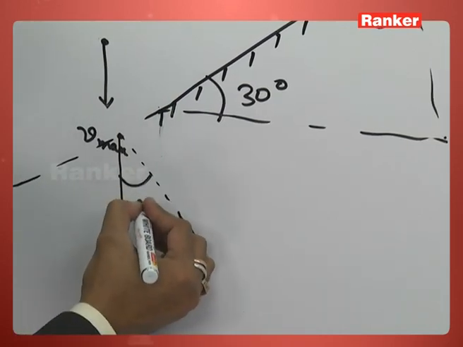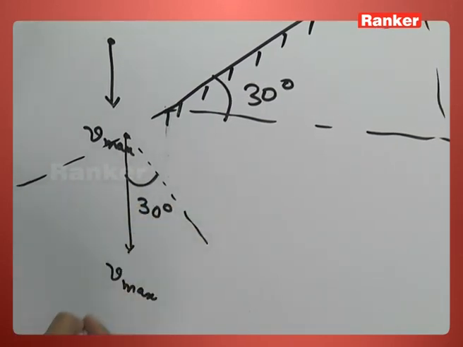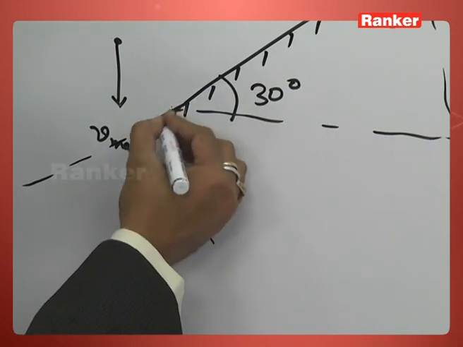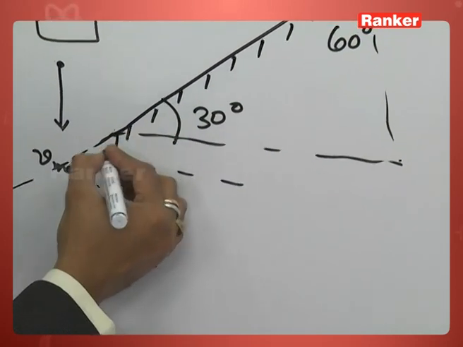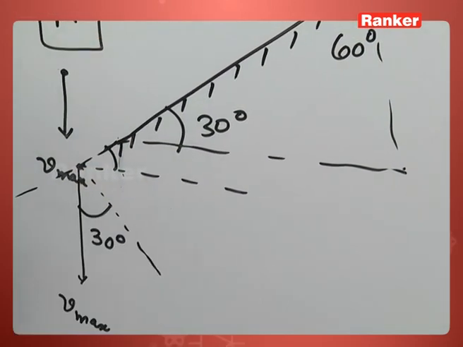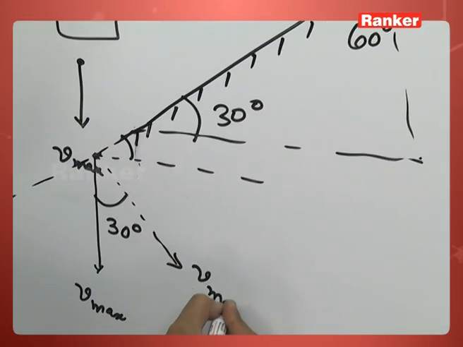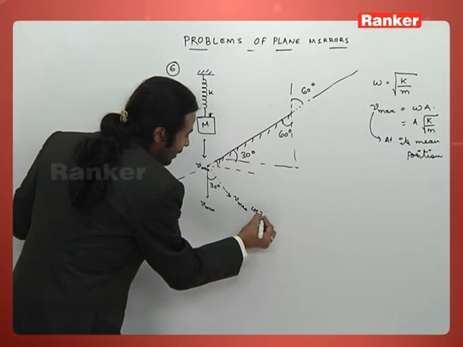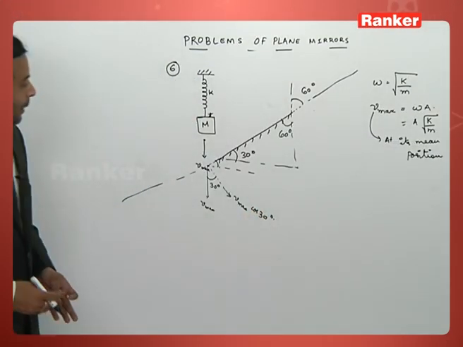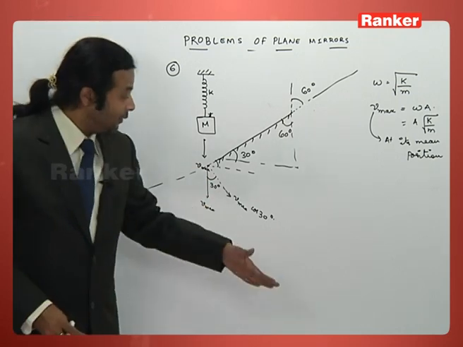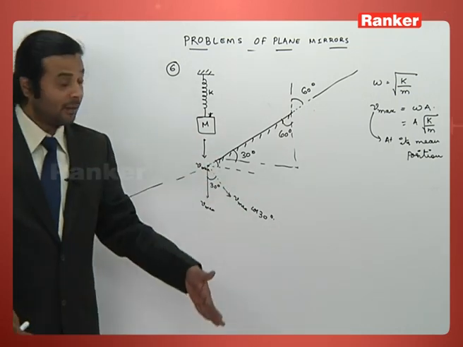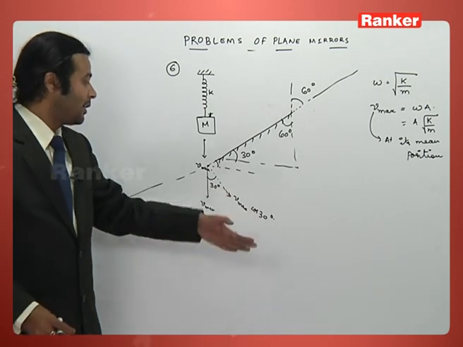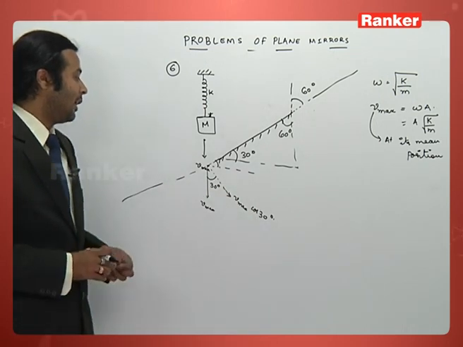So obviously I think this will be 30 degree. Because this is 30, so this will be 30, this will be 60, again this will be 30. So this is V max cos 30. This is the perpendicular component of the object. That means the object's perpendicular component to the mirror is V max cos 30. Obviously the mirror will reflect this one.